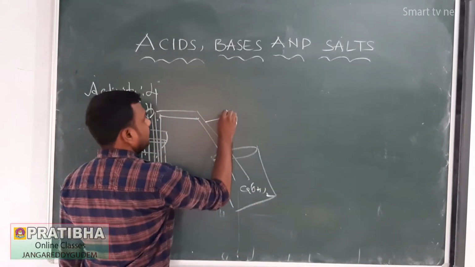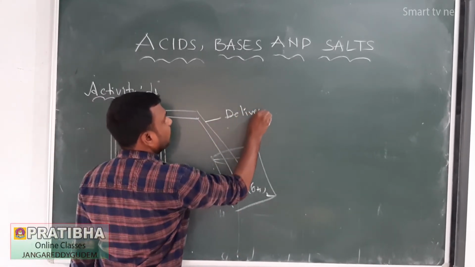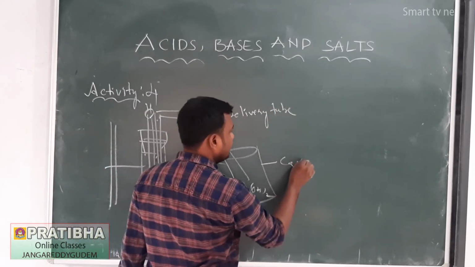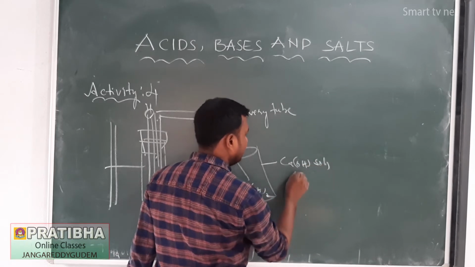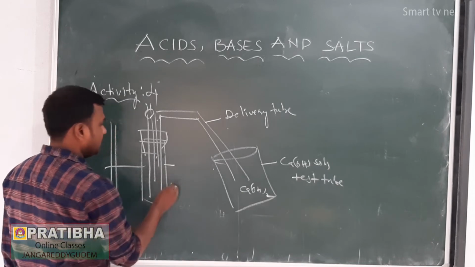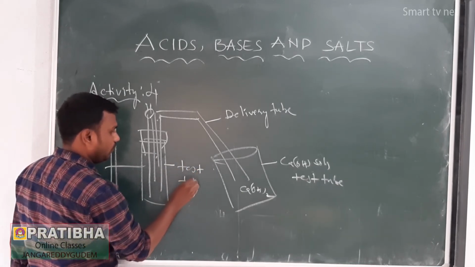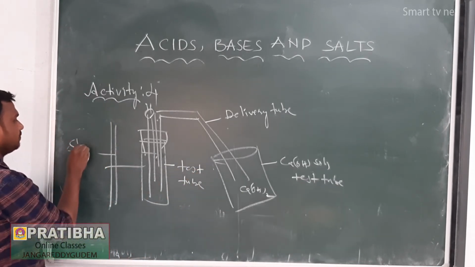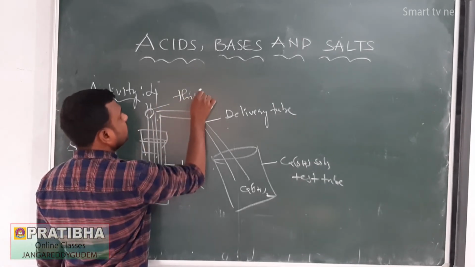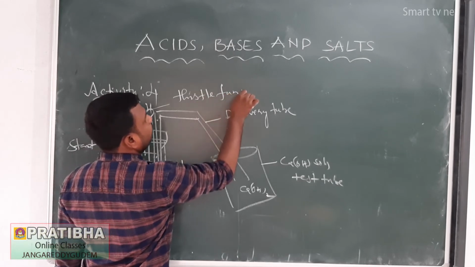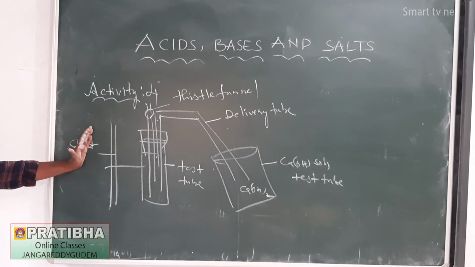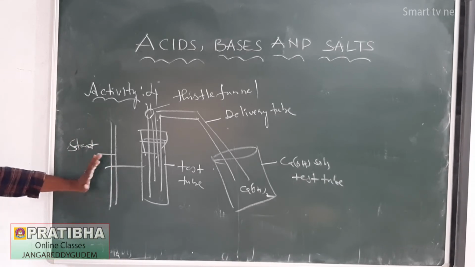This is the delivery tube and this is a Ca(OH)2 solution containing test tube. Next, this is test tube, stand, thistle funnel. Before we go into the experiment, we can take apparatus arranged like this.